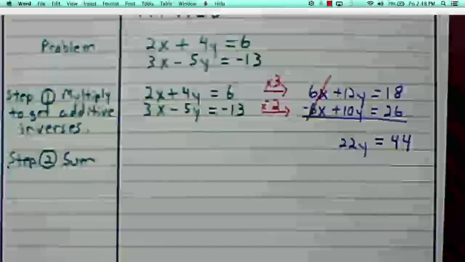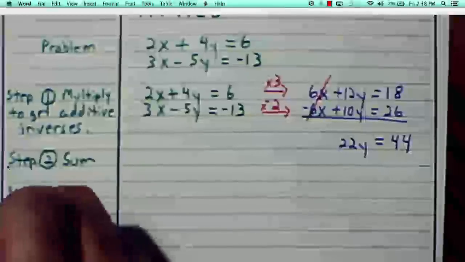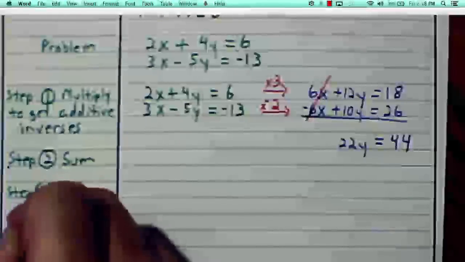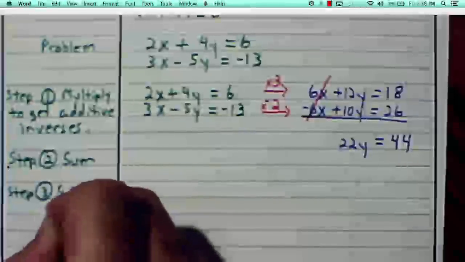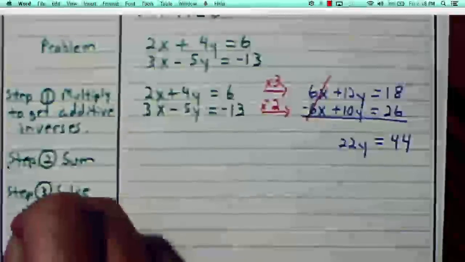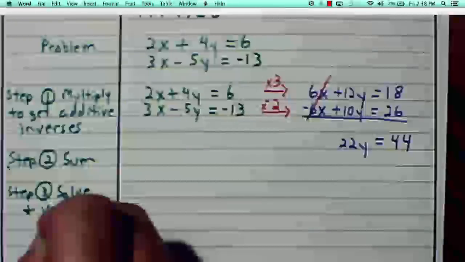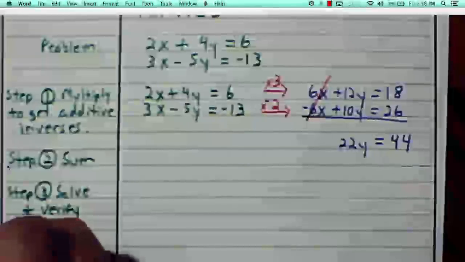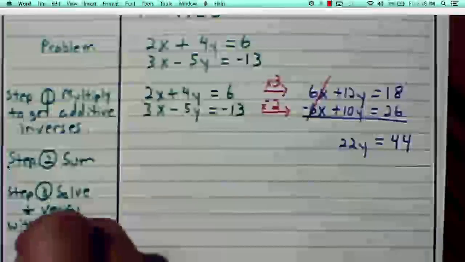All right. After summing, we will step 3: solve and verify with substitution.